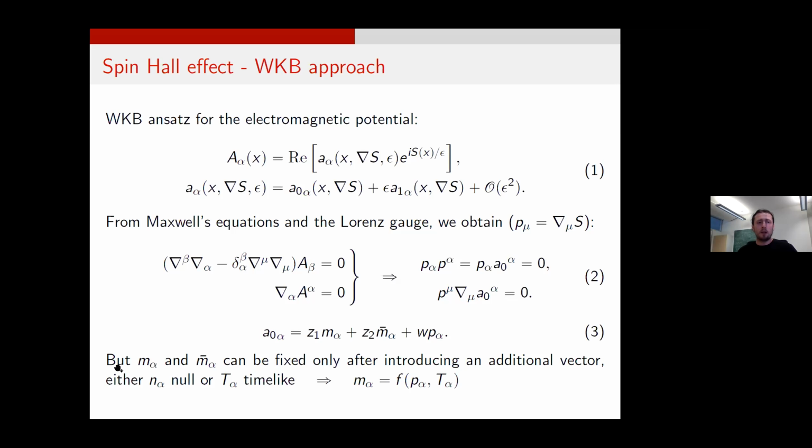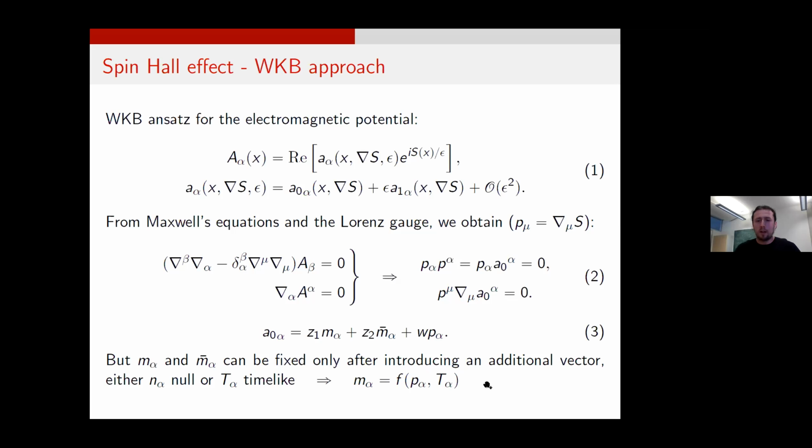Now, in order to fix M and M bar, we need to introduce some additional structure. It is not enough to use just that A is orthogonal to P. We need to introduce either another null vector N or another timelike vector T. So in this sense, M and M bar will always be functions of P and the timelike vector T. This is already anticipating to some extent the role of the choice of an external observer.